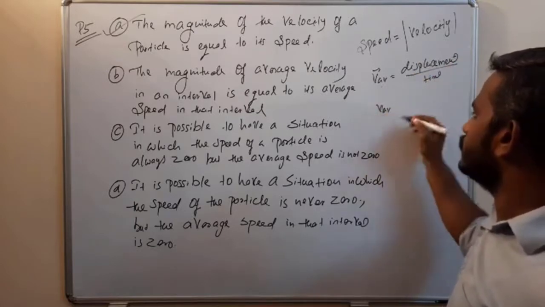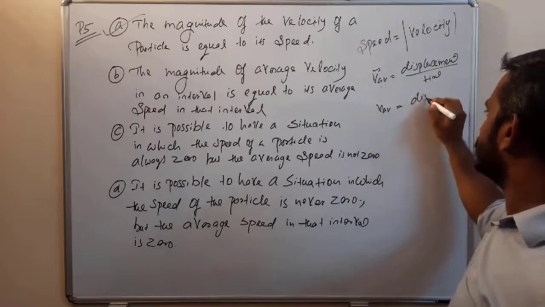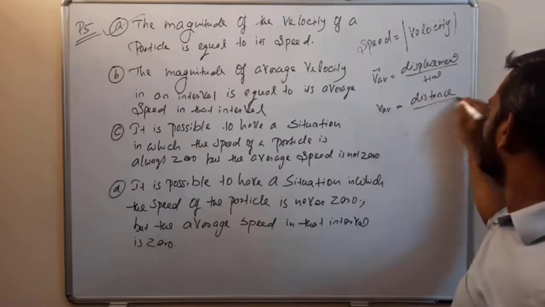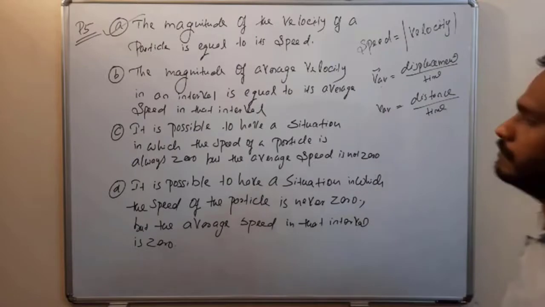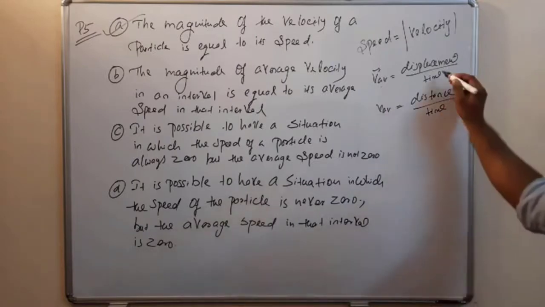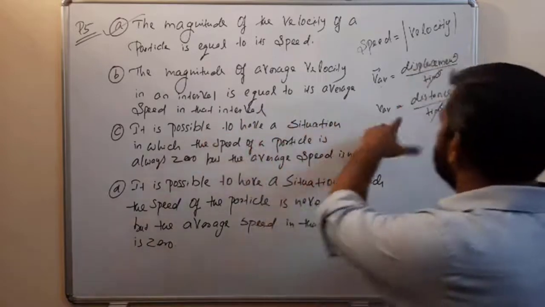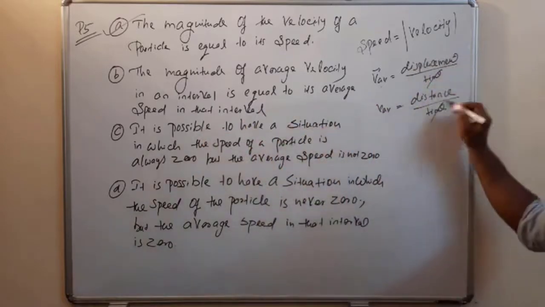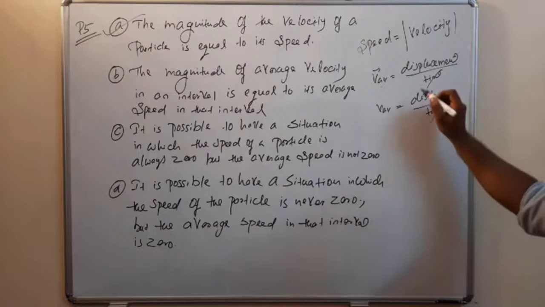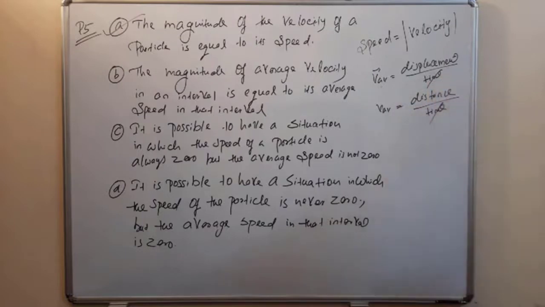What is average speed? V_av is equal to distance by time. We can neglect the time because in that particular time interval the time is the same. So the question is whether displacement is equal to distance.